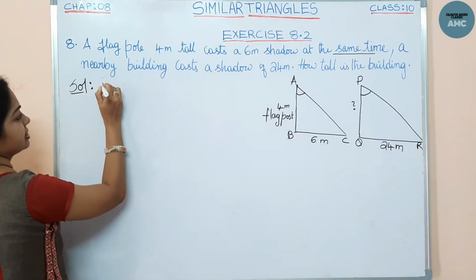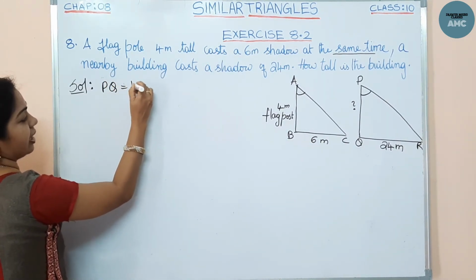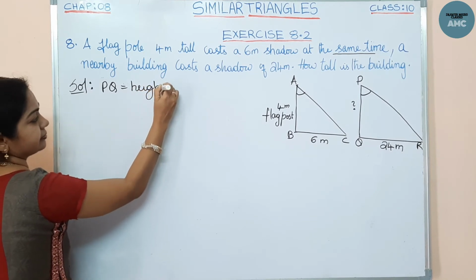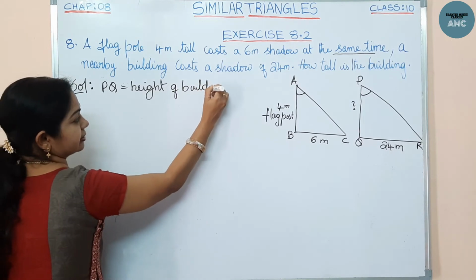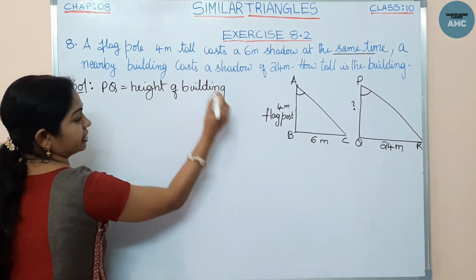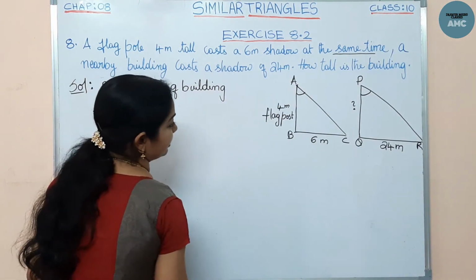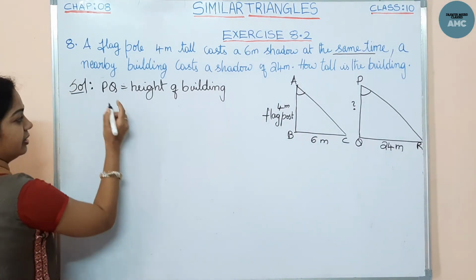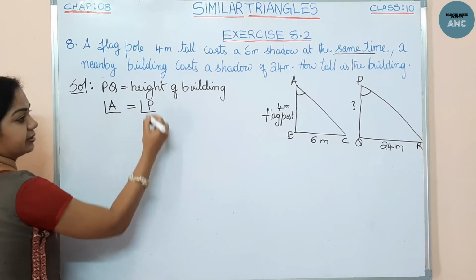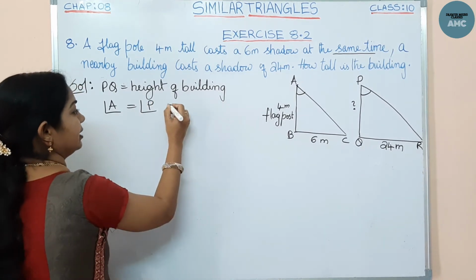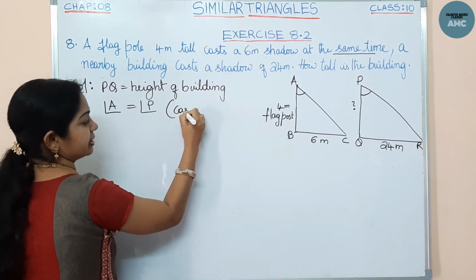Now PQ is the height of the building, and AB is the flag post. Angle A is equal to angle P, clearly, because they are casting shadows at the same time.